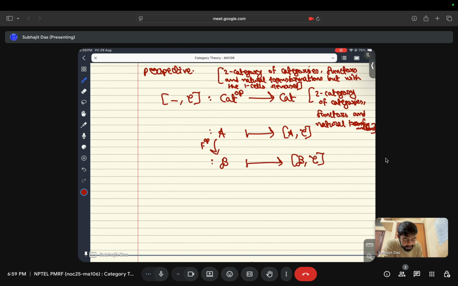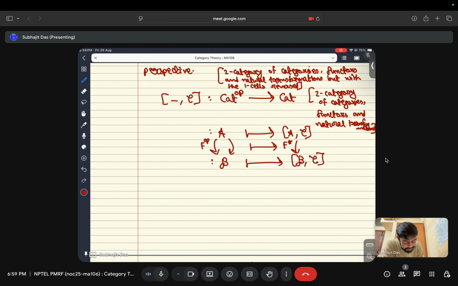So it maps F op to some functor which is F upper star. So note that F is a functor from B to A implies F upper star should be a functor in this direction as we had, and map some functor, let's say F1 op, or let's say H maybe.